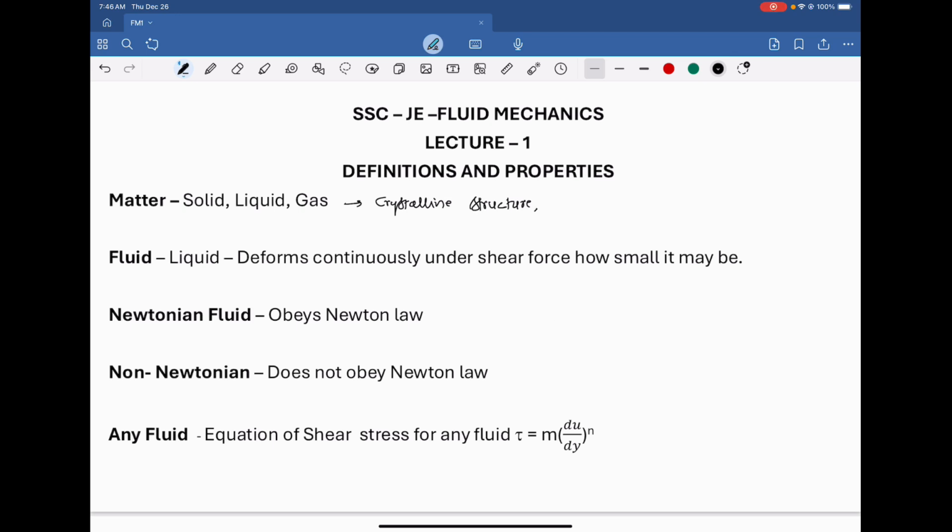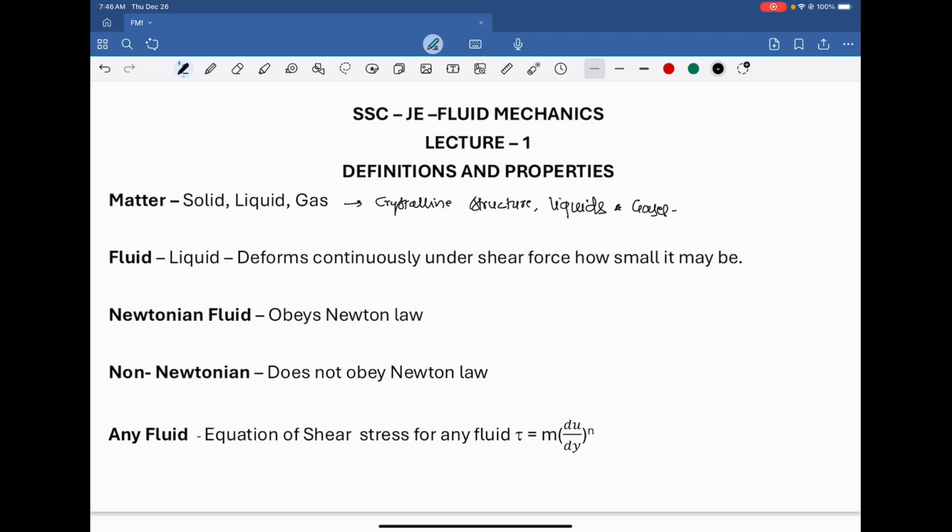Whereas liquids and gases have a loose structure.